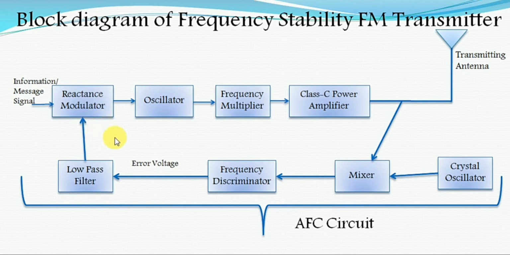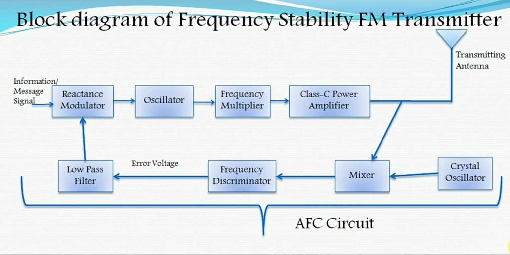So if this error voltage is 0, then there is no change in the transmitter frequency of the carrier signal, and if this error voltage is non-zero, then with this error voltage the reactance modulator has to shift its frequency to the correct transmitter frequency. So in this way we can achieve frequency stability in the FM transmitter by using a feedback circuit, that is, an automatic frequency control circuit.